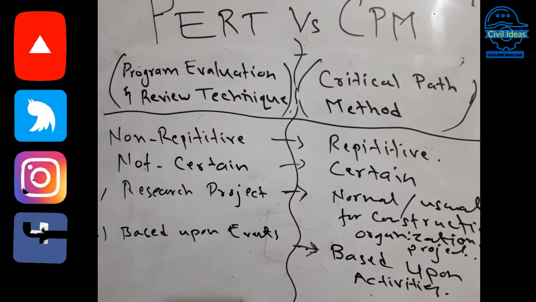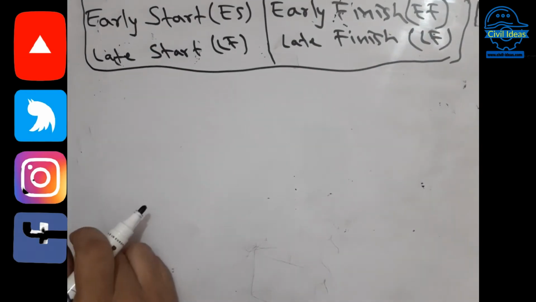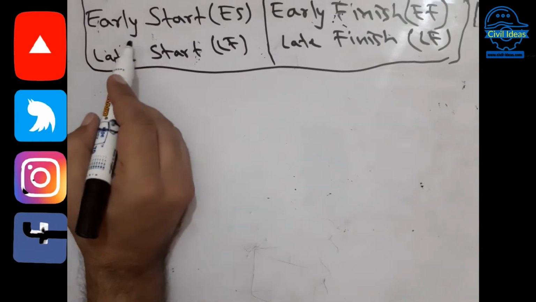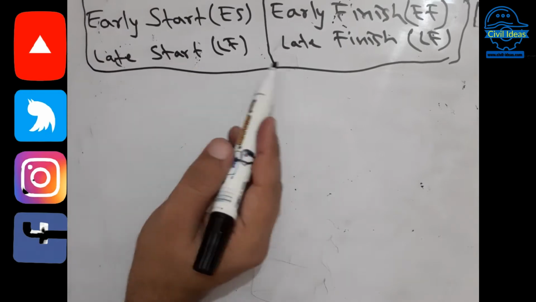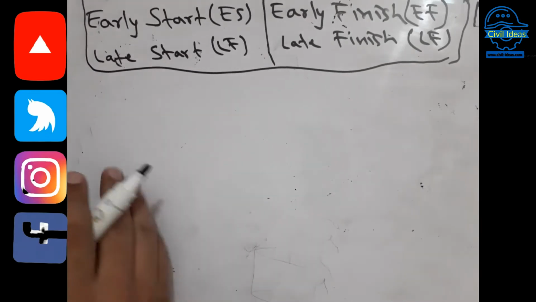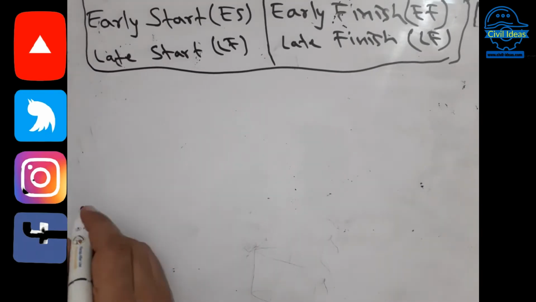So now we will discuss early start and early finish, late start, late finish. You can understand that by an example. So we'll take an example here. First we will take the activities.